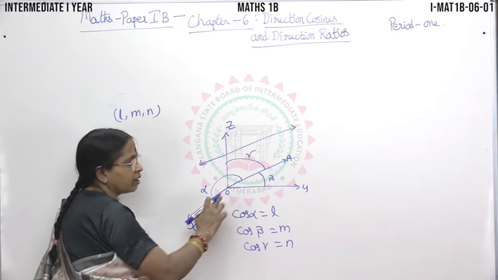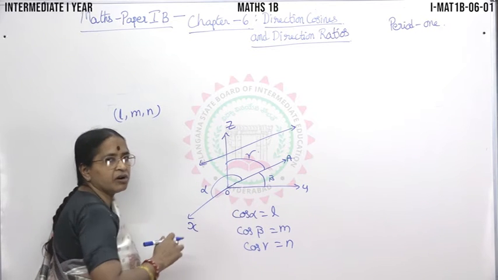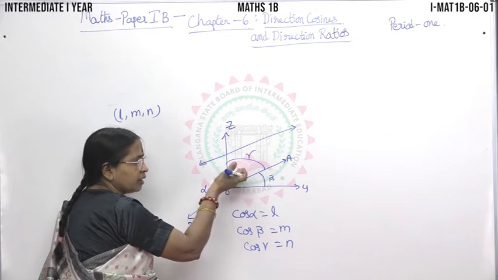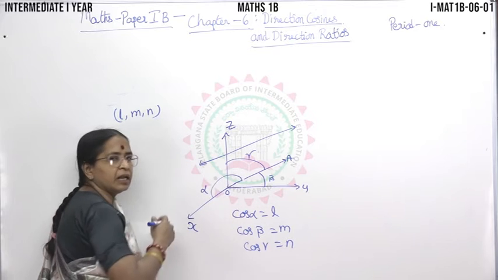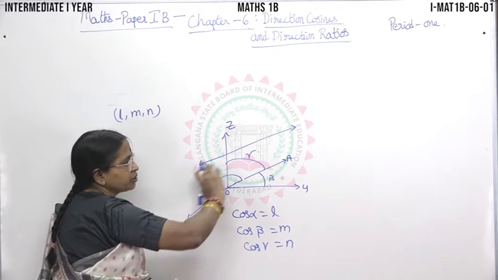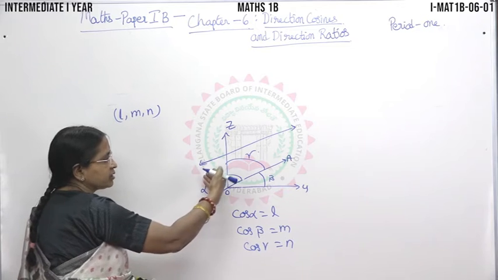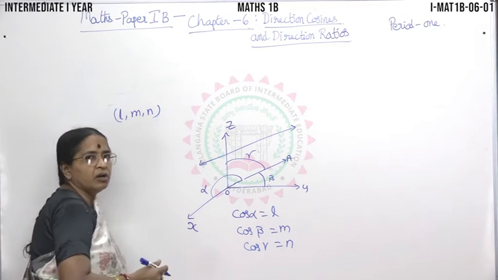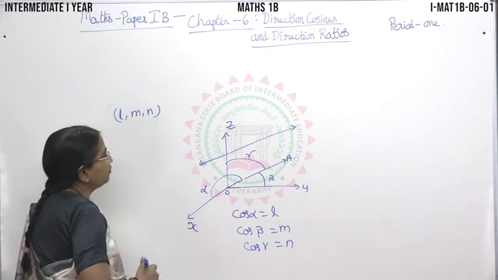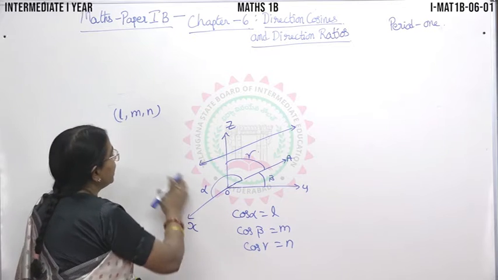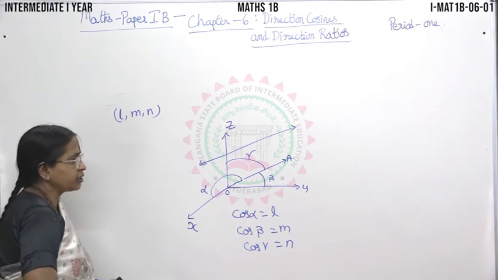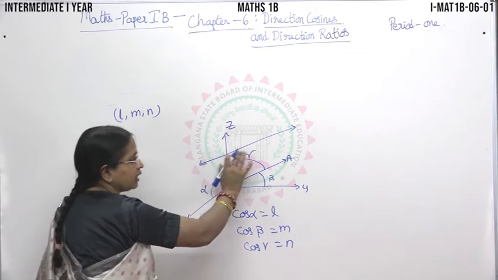L, M, N are called the direction cosines of this line, and of the parallel line also. So the direction cosines of parallel lines are equal. They are always equal because they make same angles with the positive direction of coordinate axes. So L, M, N are called the direction cosines of this line.